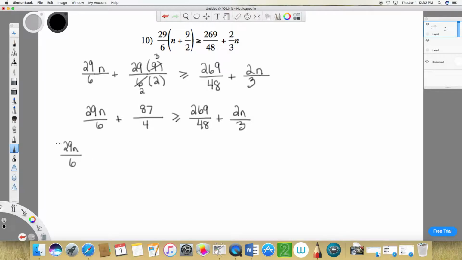I'm going to multiply this by the number 1, but I'm going to write 1 as 8 divided by 8. Here I have 87 divided by 4. I need a common denominator of 48, so I'm going to multiply this by the number 1, but I'm going to write the number 1 as 12 over 12. This has the denominator that I want, so I'm going to leave that term alone.